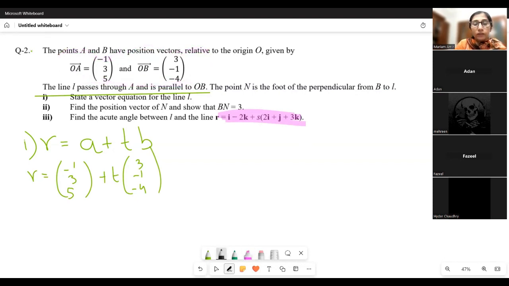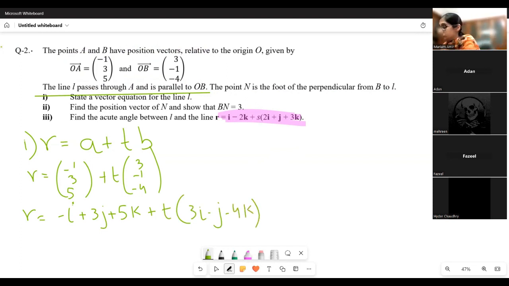So it's always a safer option to switch your final answer to i, j, k format. So we have -i plus 3j plus 5k plus t(3i - j - 4k). Yes, it should be in ijk format.